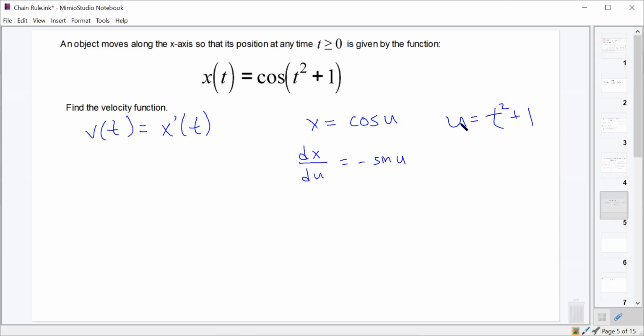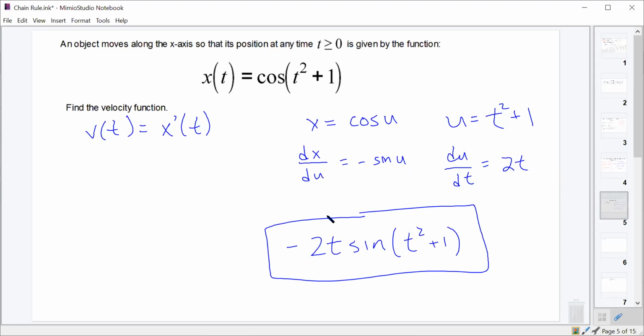And then this one, we're taking the derivative of u with respect to t, which should be 2t. So when we multiply it all together, it should be negative 2t sine of u, or sine of t squared plus 1. Good or no? Good. All right.